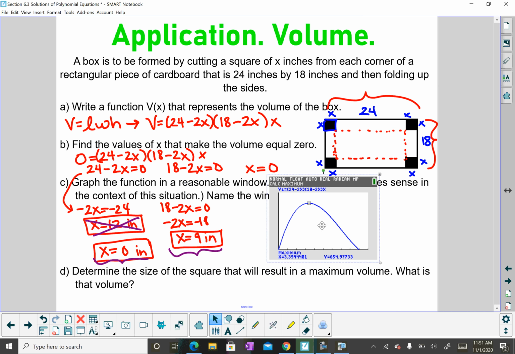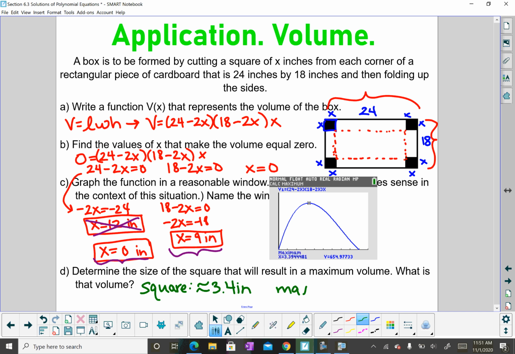So the x again represents the size of the square, the y represents the volume. So to answer this question at the bottom now, the square size that we could cut out would be about 3.4 inches. And that will result in a maximum volume of 655, if I round that, inches cubed, because this is volume.